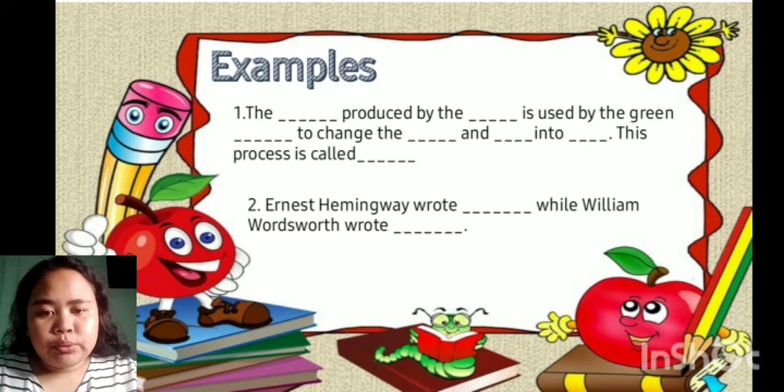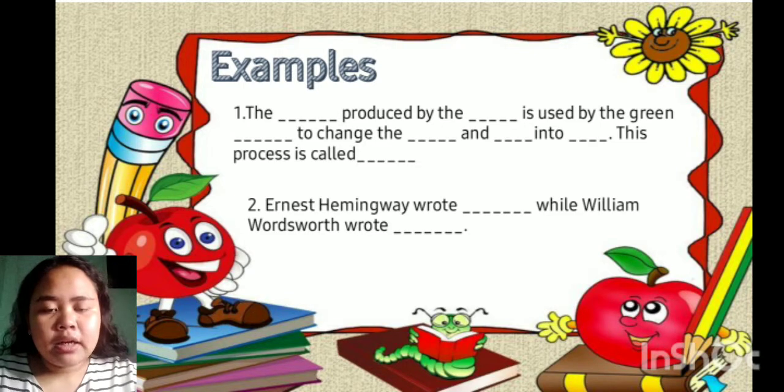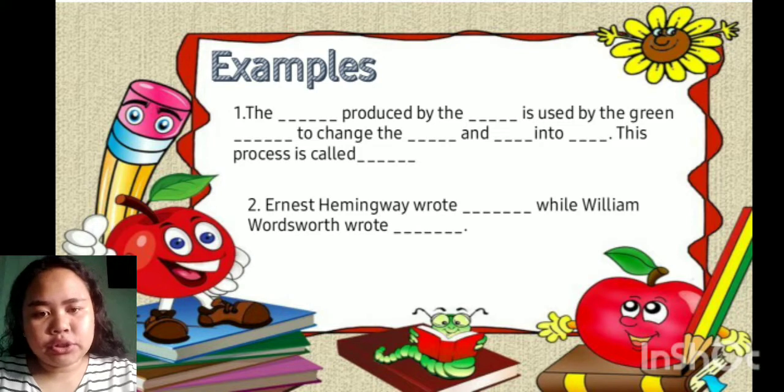Guideline number 2 example: Ernest Hemingway wrote blank while William Wordsworth wrote blank. This is not a good test item because it is an open-minded question or item.